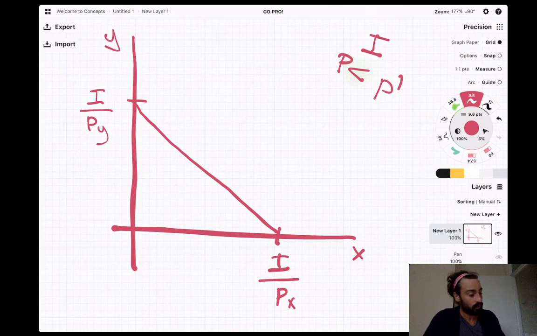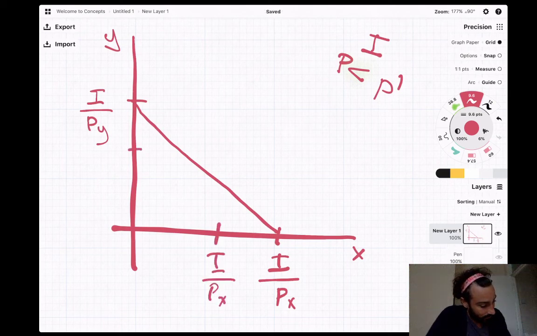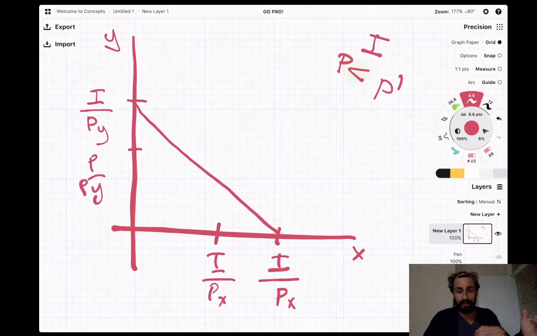If we make P bigger, we're making the denominator of the two intercepts bigger, right? So that means we're moving towards 0. So this would be I over Px, and this would be I over Py. And they don't have to go down by the same amount now. They could go down by different amounts because P is a vector, not a number. So it could be skewed or a rotation or something. But let's just say that this is the new budget set.